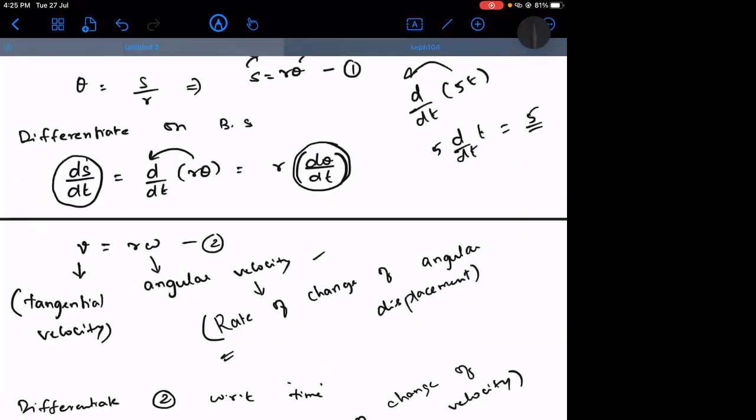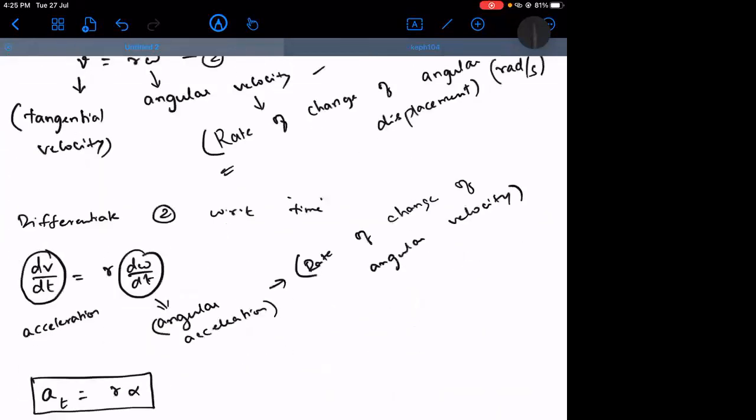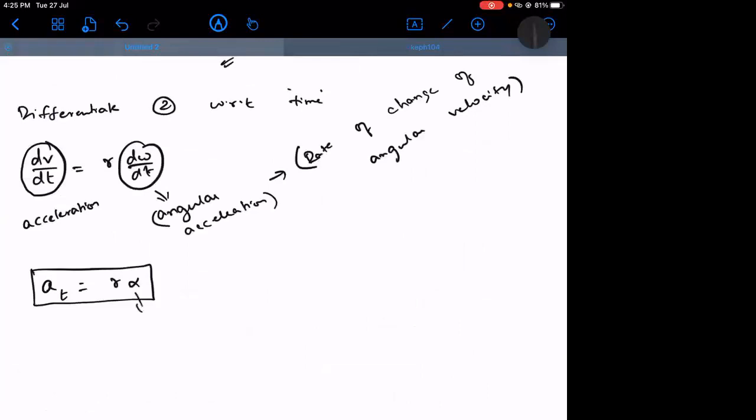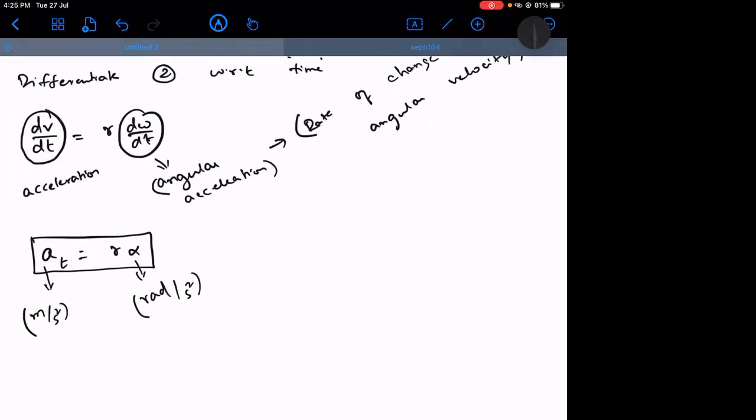Then angular velocity, when it is the rate of change of angular displacement, d theta by dt, will be in terms of radian per second. Then the unit for angular acceleration will be radian per second square, whereas tangential acceleration is measured in meter per second square. Obviously the dimensions cannot be the same, because meter is related to linear motion. Radian doesn't have a dimension at all. Correct? Good. So this is tangential acceleration.